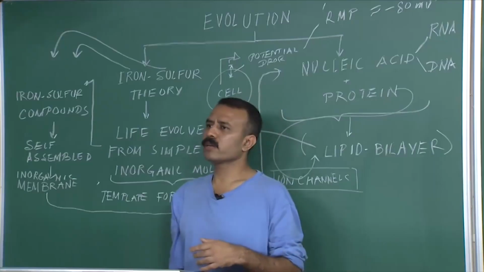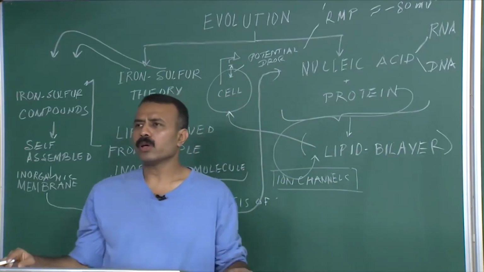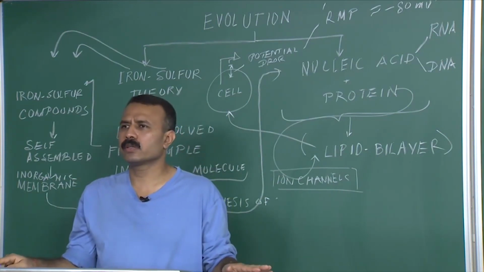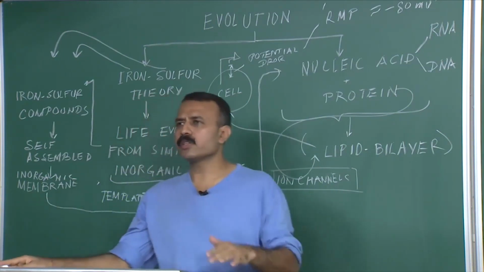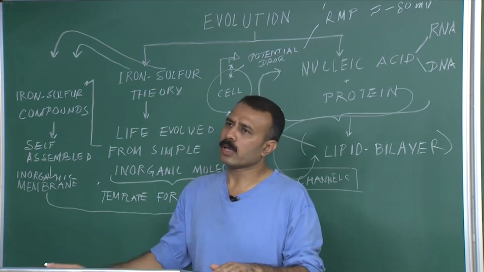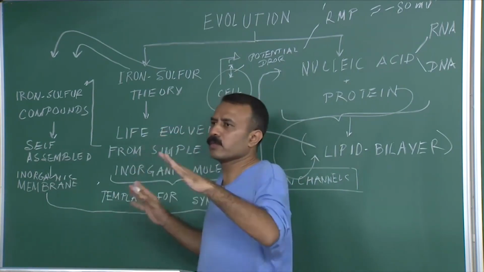Now, by this time you guys are well versed with it. So, now if this is the case, then we will be interested to know about the assumption. So, there is an assumption.